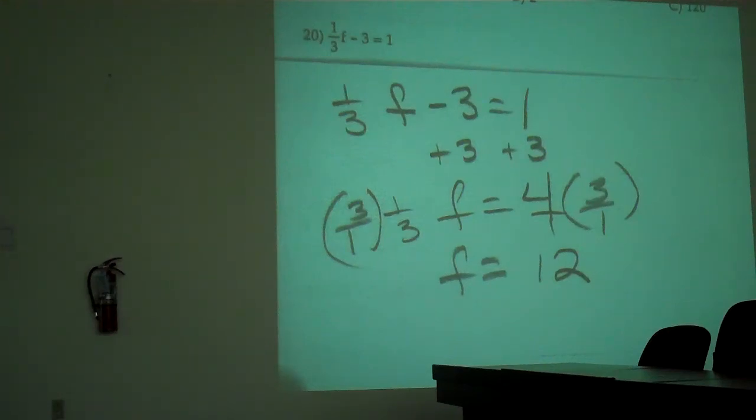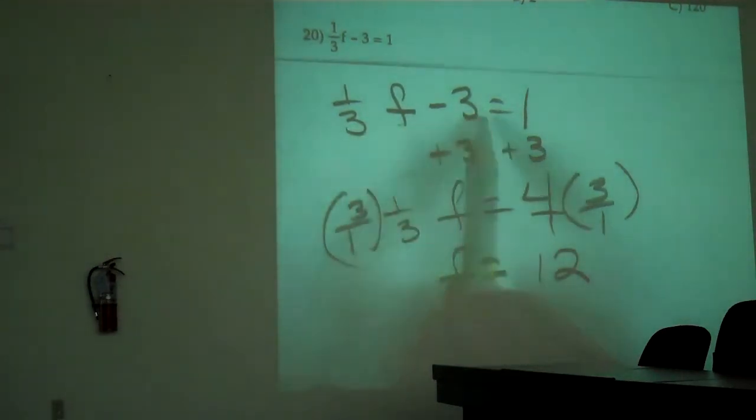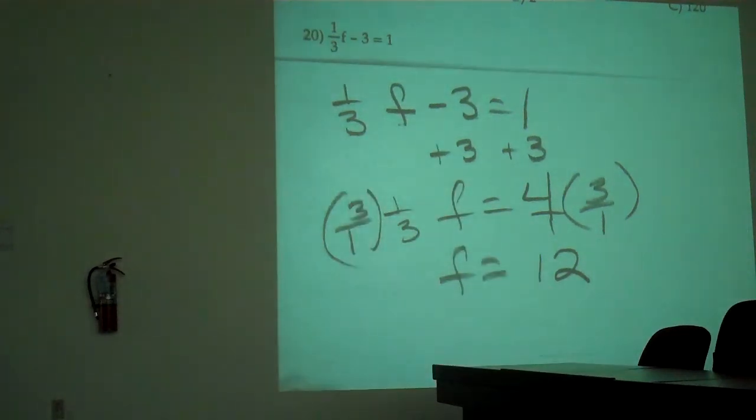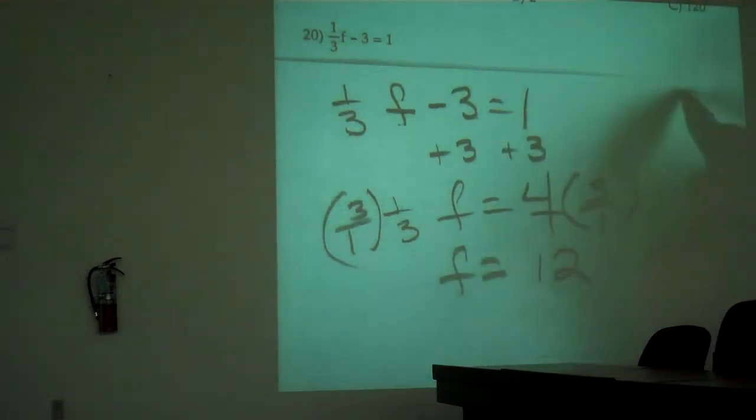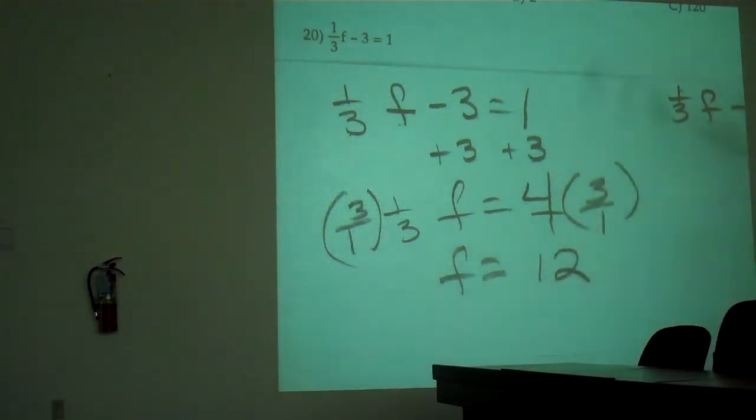Since that was a fraction, we could have done the multiplying if you wanted to. Because there's a 3 down here, we could have multiplied everything by 3 first if you wanted. Let me do it that way here. 1/3 f minus 3 equals 1.